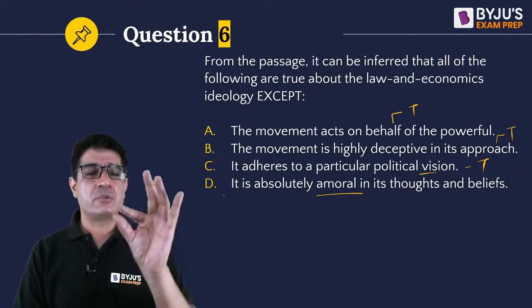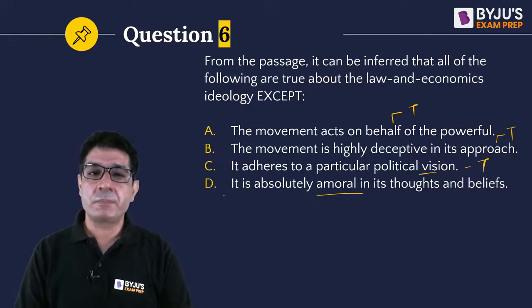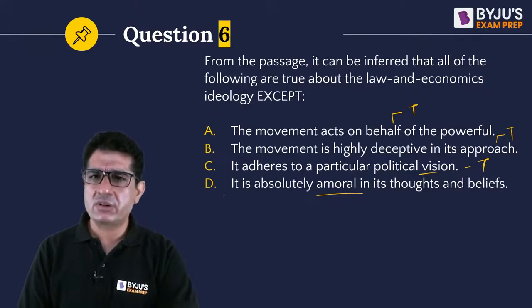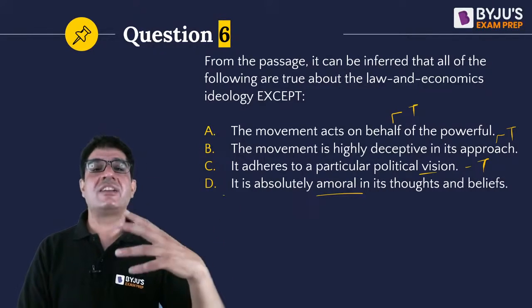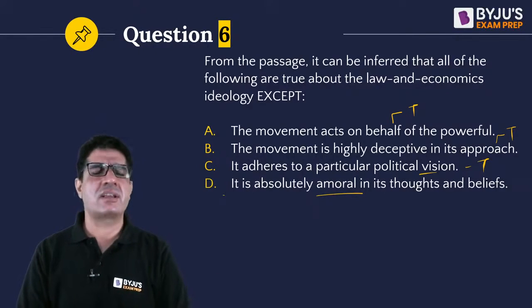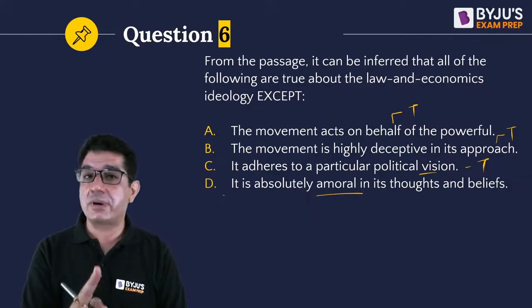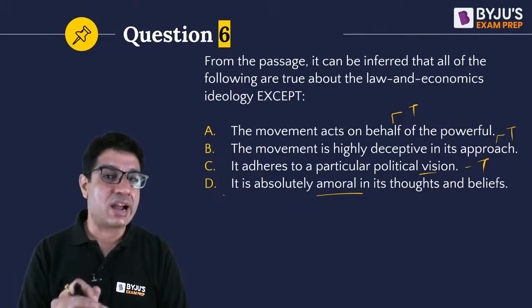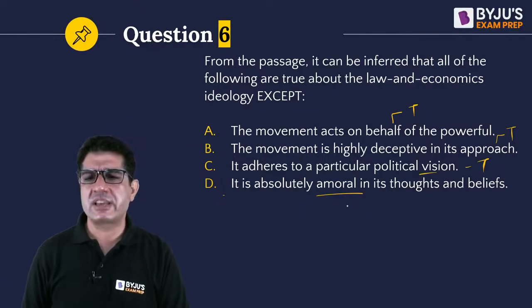If that child comes, picks up my phone and then walks away, should I call it theft? Is it immoral? No. The child does not even have that concept of right and wrong yet. So children are amoral. Science claims to be amoral, but these guys are biased. It is just that they are trying to hide their bias, and therefore to say they are amoral is wrong. According to the passage, they are actually being immoral, and that is why our answer is D.